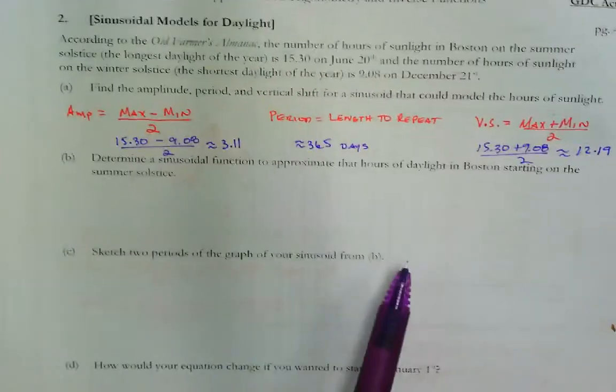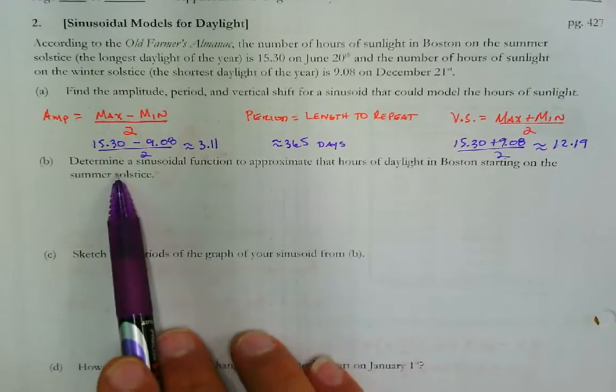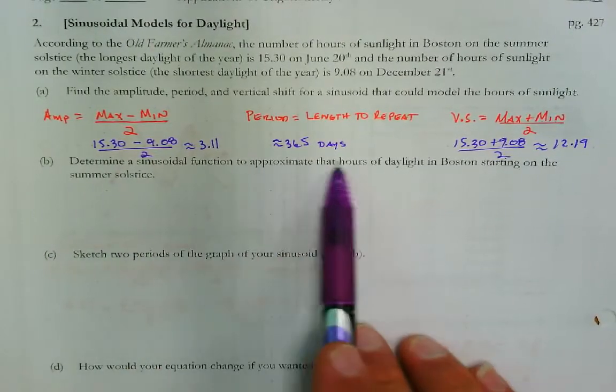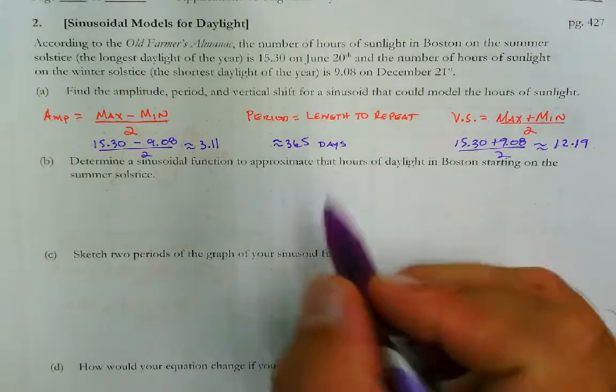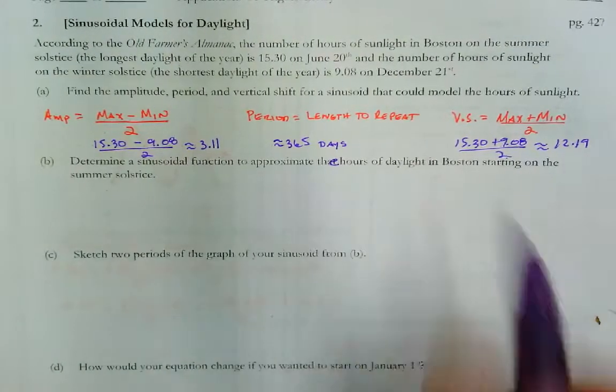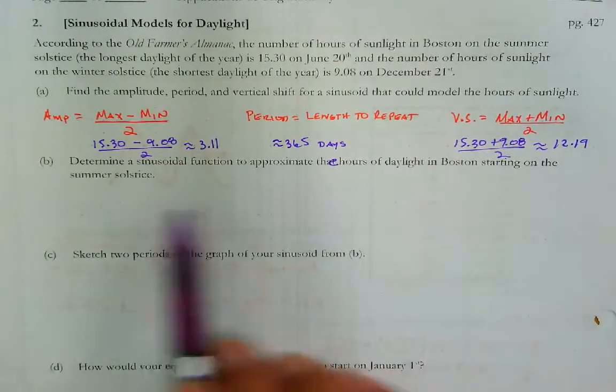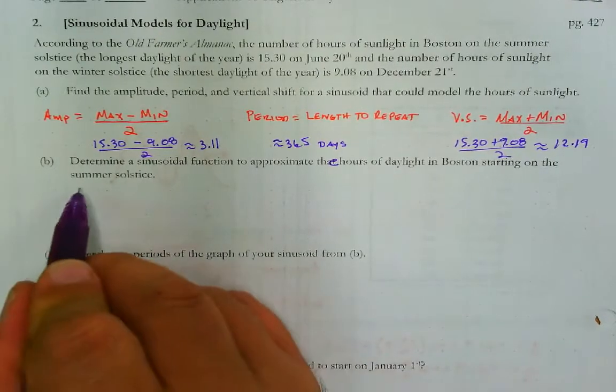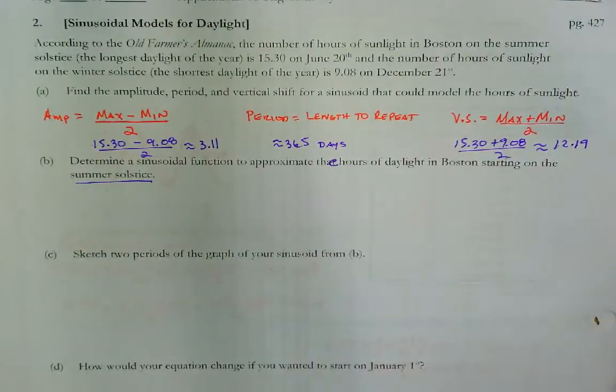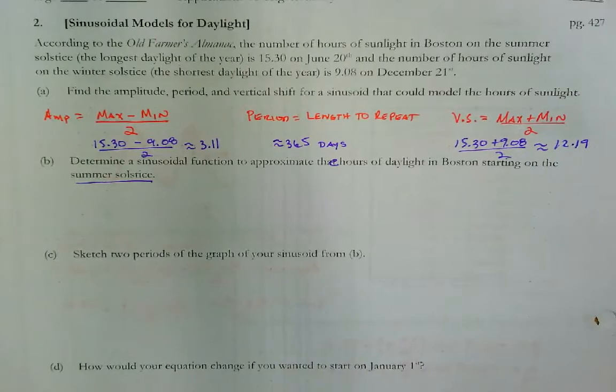Okay, so using that information, we want to determine the sinusoidal function to approximate the hours of daylight in Boston starting on the summer solstice. So let's do this at first by starting on the summer solstice. Okay, so what would that look like?